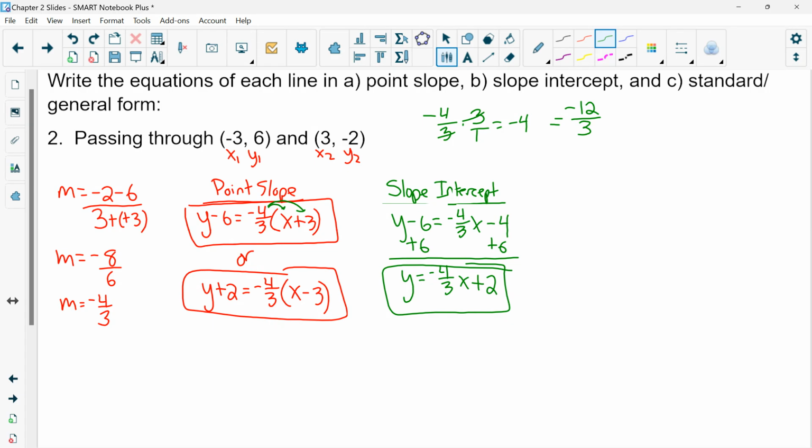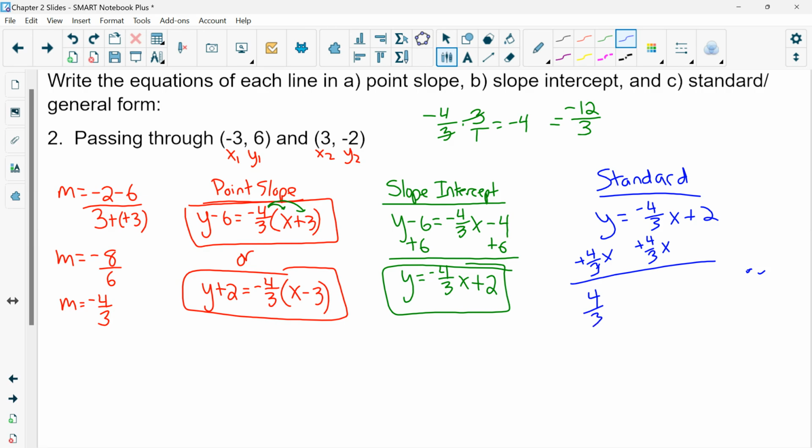And then finally, for standard form, we need to get the x and y on the same side, and we want our x to be positive. So right now, our x is negative on this side. So I'm going to, in this case, add the 4/3 x. That way, my x becomes positive.